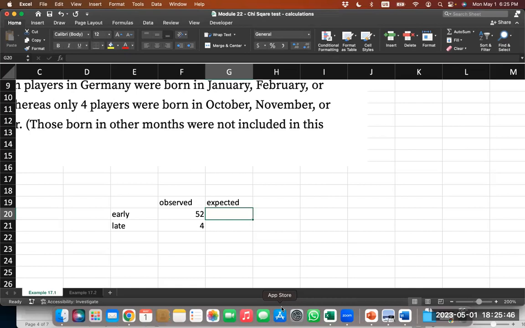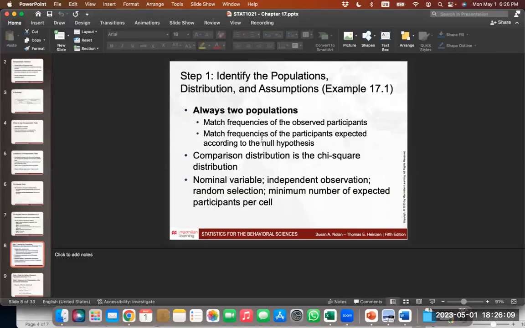If they were not different in terms of when they were born in the course of the year, there would be 56 divided by 2, and there would be 28 in each group, right? Then we would assume there's no association with time of the year. So this basically is your observed and expected, and that's the core piece of your calculation of the chi-squared.